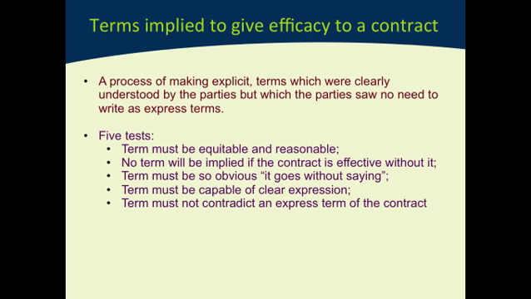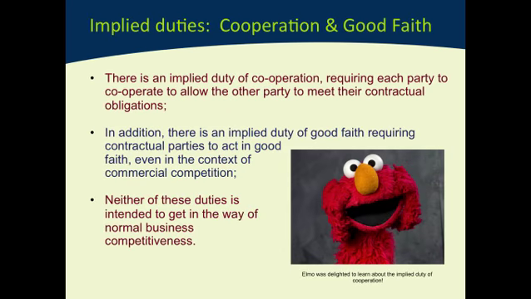So, let's move on now and look at the other type of implied duties, or the other type of implied clauses. These are things which are implied by law. And the first two we call the implied duty of cooperation and the implied duty of good faith. The first one is the implied duty of cooperation.